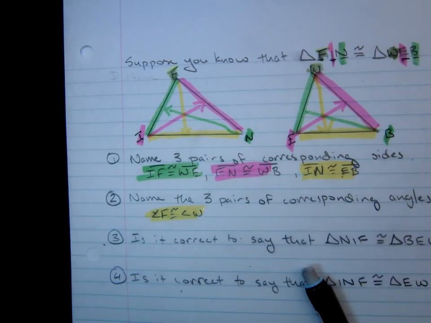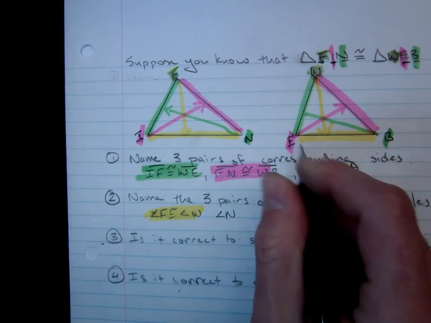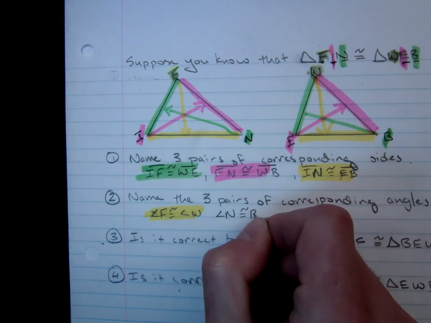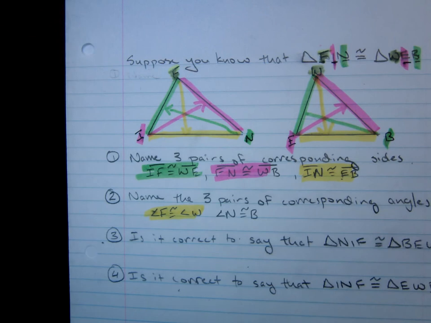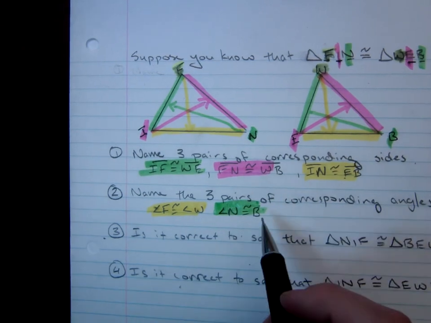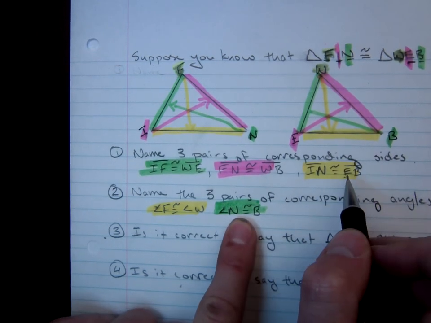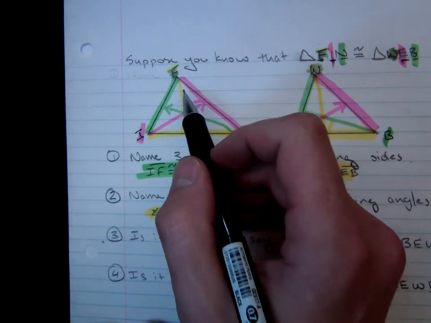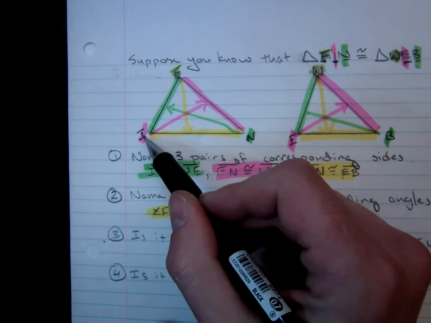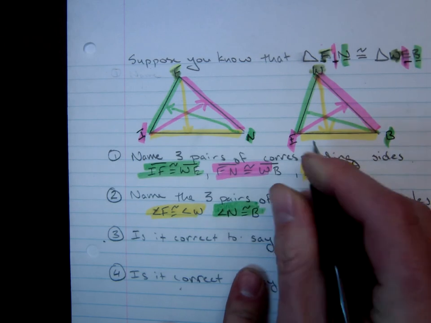Then the next one, I have that angle N is congruent to my other green angle, angle B. And then the very last one, I did yellow, green, I have pink. I have that my pink angle I is congruent to my other pink angle E.